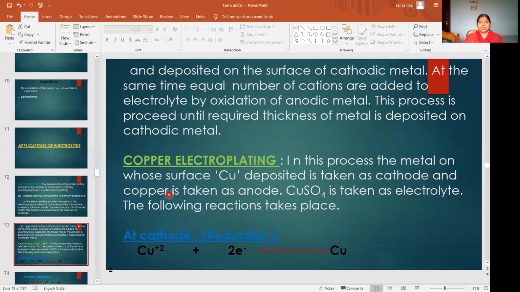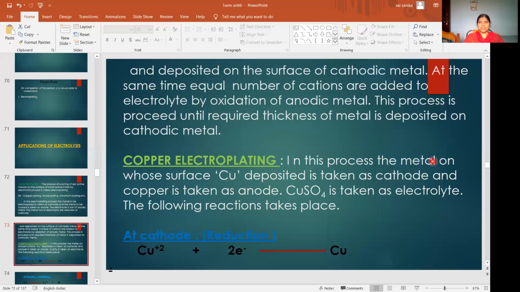Which metal do you want to coat? You want to coat copper, so that copper will become the anode. Whichever metal you are coating with will become the anode, and the metal on which you want to coat will become the cathode.